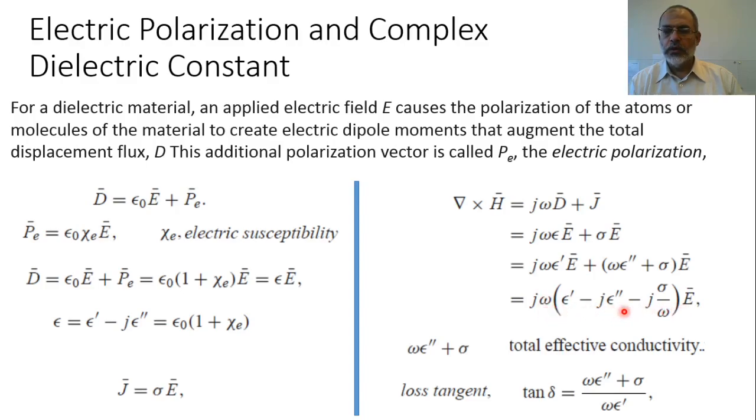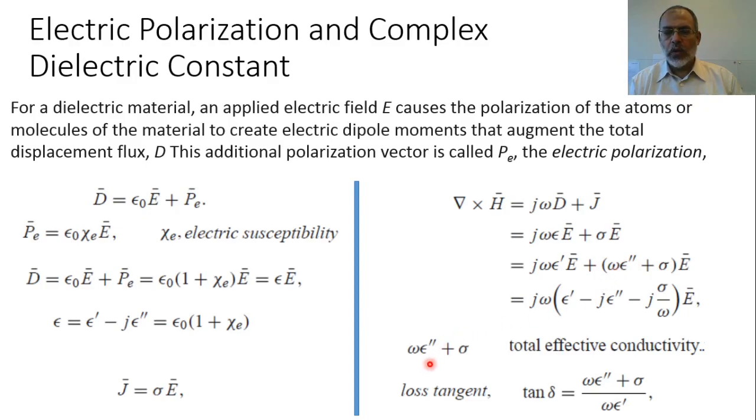So this is the total term. Effectively, the first term here corresponds to the equivalent displacement current. And the second term here corresponds to the conduction current. And the conduction here is coming from two parts. One from the conductivity and one from the imaginary part of the permittivity.